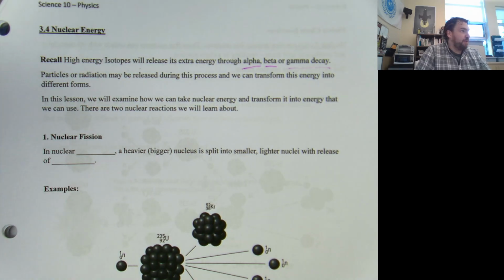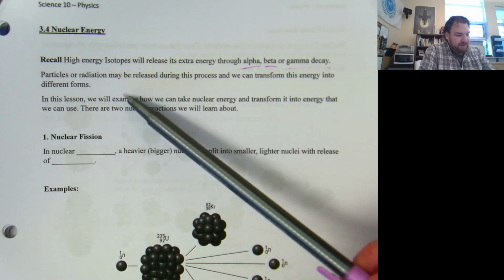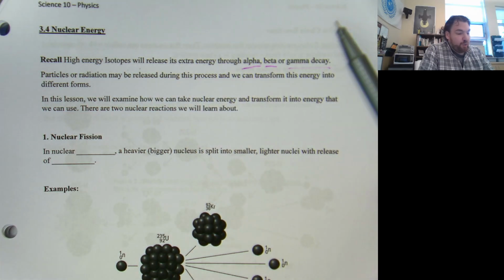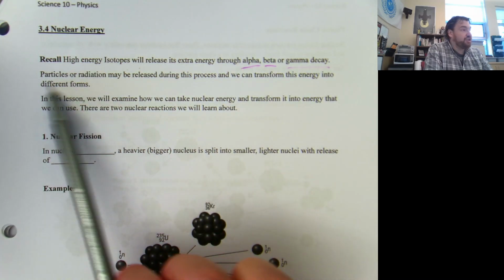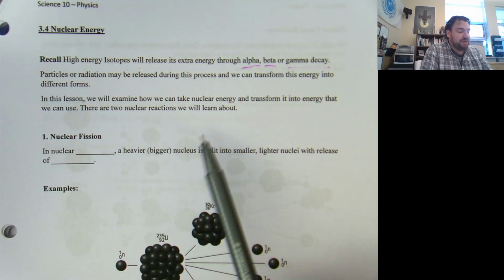That makes these particles radioactive. That's the connection here with radioactivity. Particles or radiation may be released during this process, and we can transform that into different forms of energy.